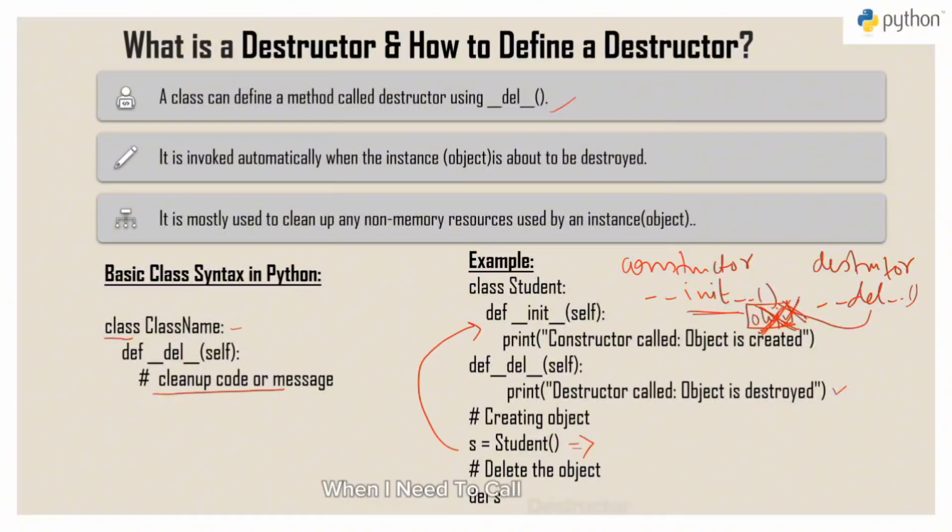When I need to call the destructor, I need to write del and the name of the object. This del will delete the memory space allocated for this particular object s. Got it?